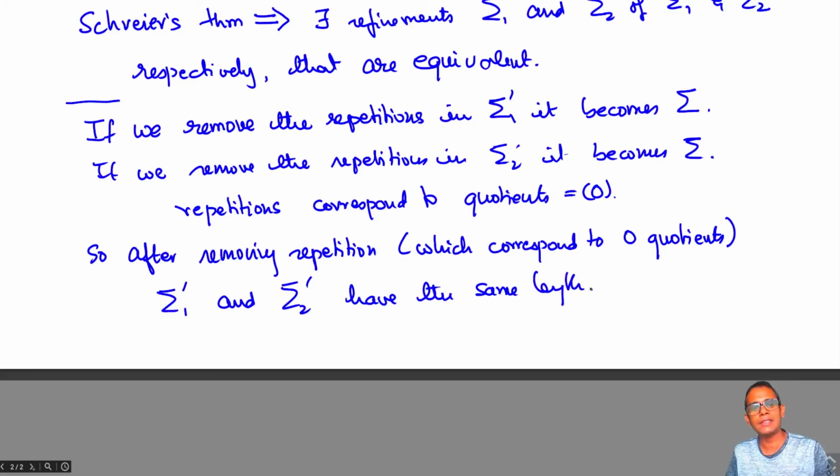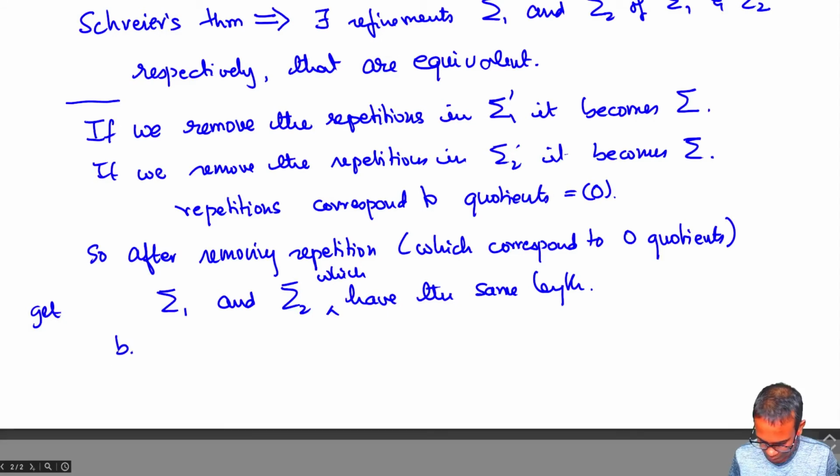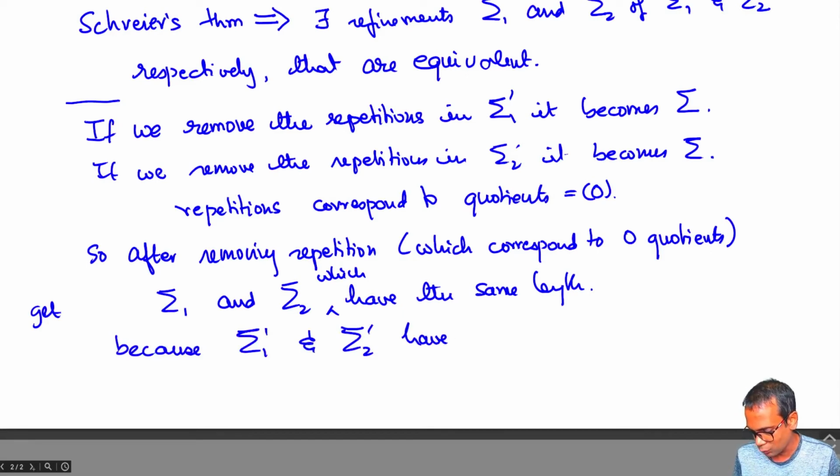Since sigma 1 prime and sigma 2 prime have the same length, and the same number of zero quotients, you get that sigma 1 and sigma 2 have the same length.